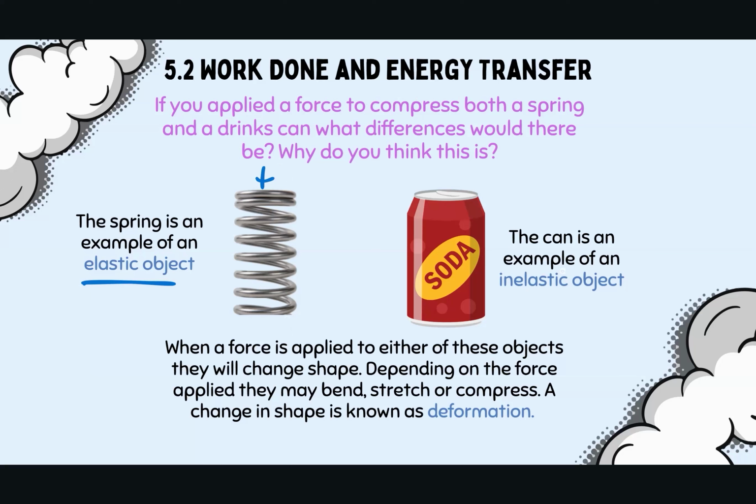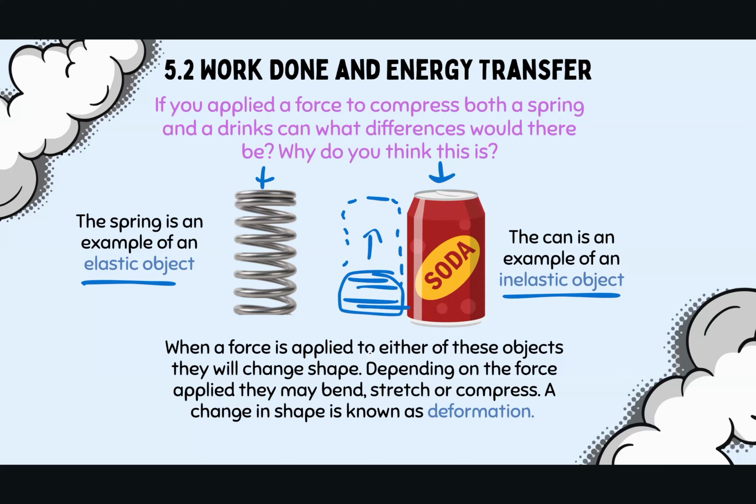The can, on the other hand, is an example of an inelastic object, meaning if you apply a force, the can's going to crush, and once it crushes, it will permanently stay crushed. So that's inelastic. It won't go back to its original shape.